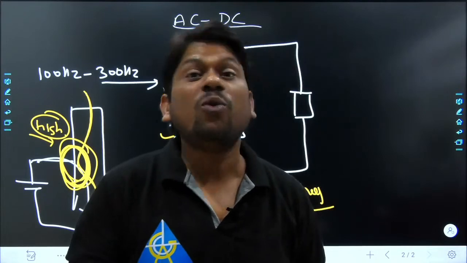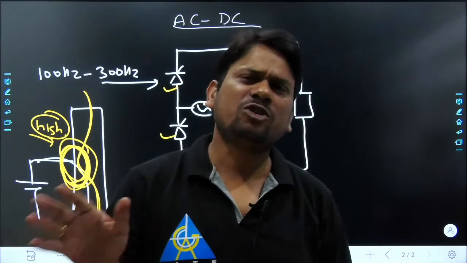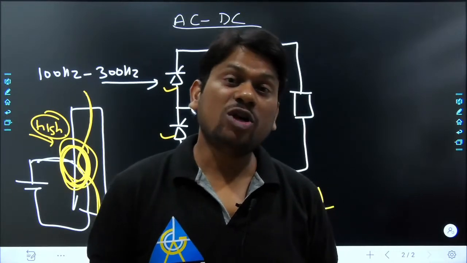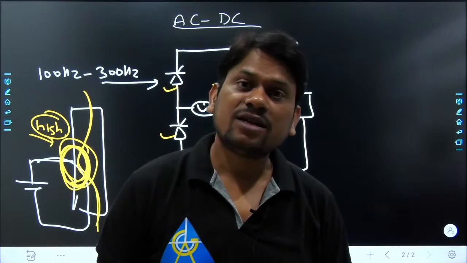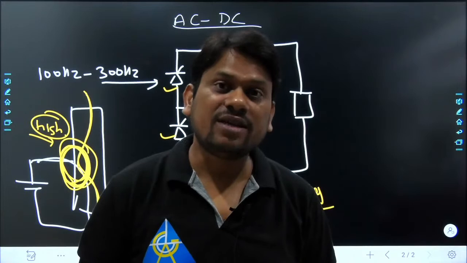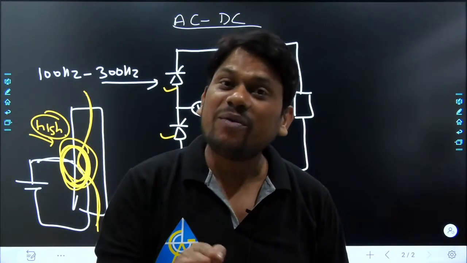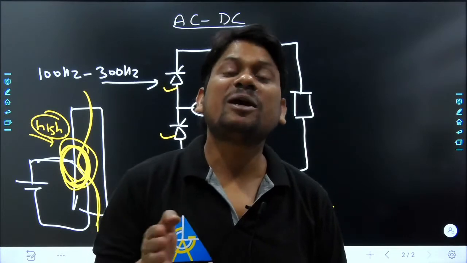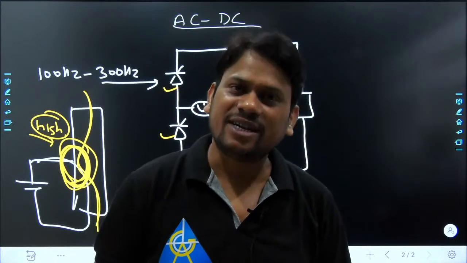But what about low power rated AC to DC converter? We have many choices. We can use MOSFET, we can use IGBT, we can use any other devices. But the most important and mandatory thing in AC to DC converter is that power electronic devices should have the capacity to block both voltages, either positive or negative.